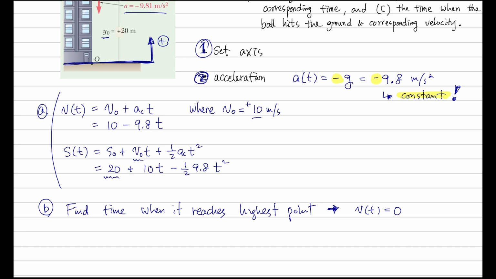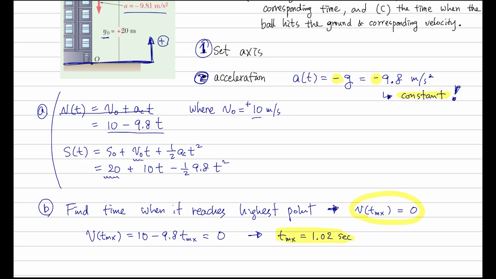So we can call this time t max. So we can use this equation where 10 minus 9.8 t max is 0. So from here, t max is going to be about 1.02 seconds. So we're using this as our clue to get the time when it hits the highest point.